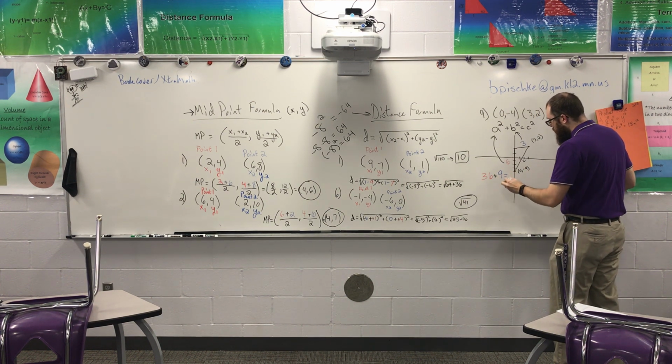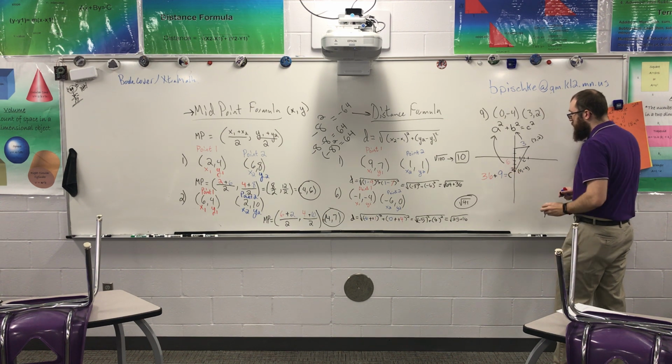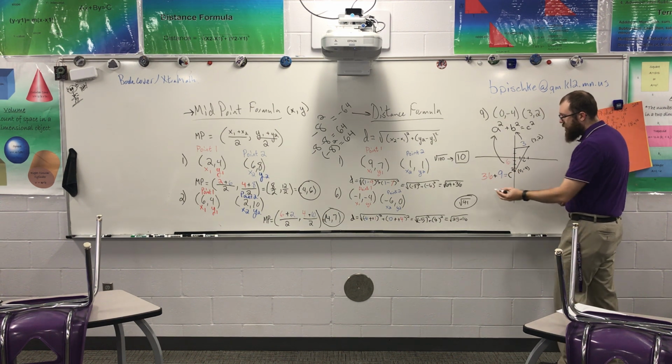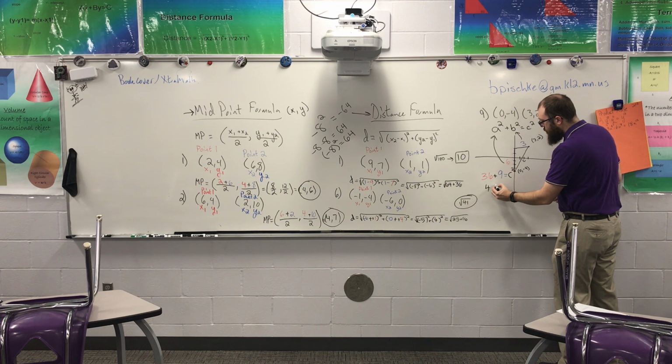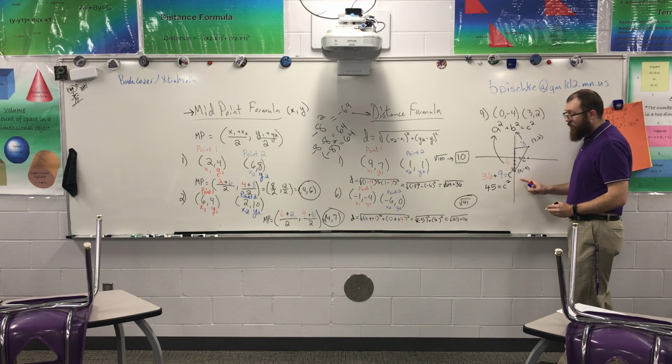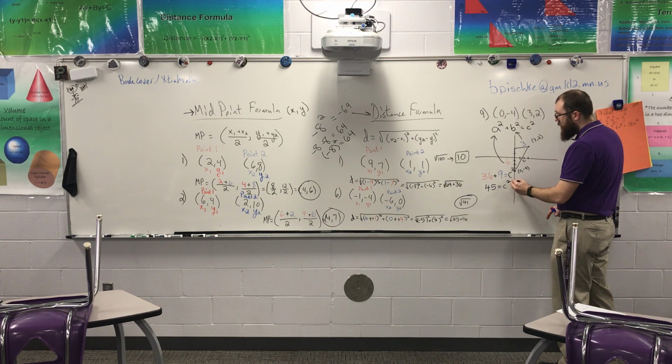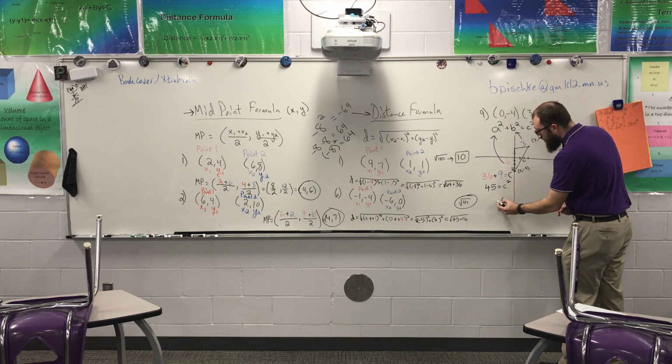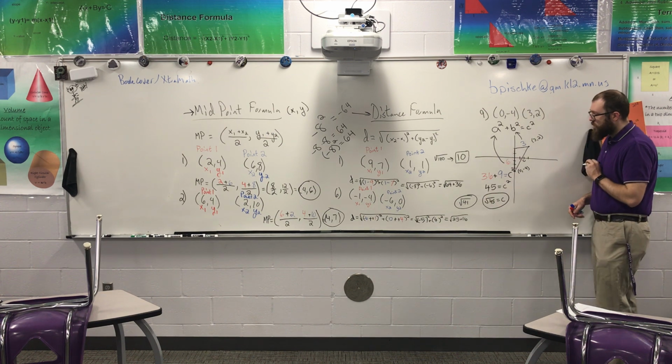When I put them together, I'm going to get my hypotenuse. 36 plus 9 is 45. 45 is c squared. So remember, we have to square root to get c. So c is the square root of 45, which is also the distance between the 2 points.